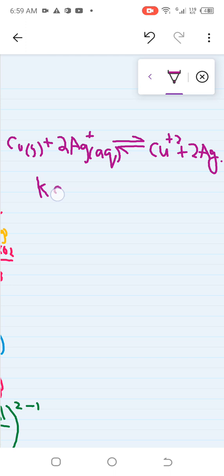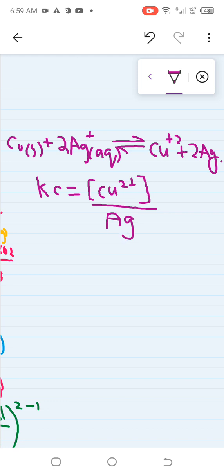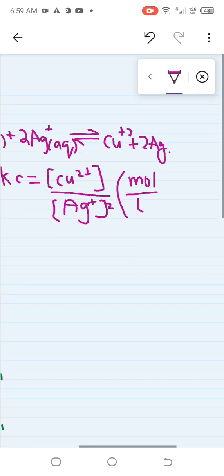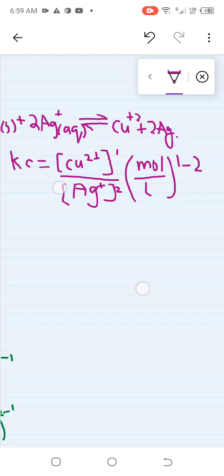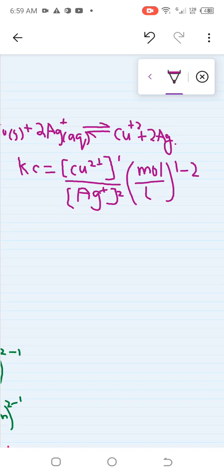Kc will be Cu2+ upon Ag+ to the power 2. The unit will be mole per liter to the power 1 minus 2.